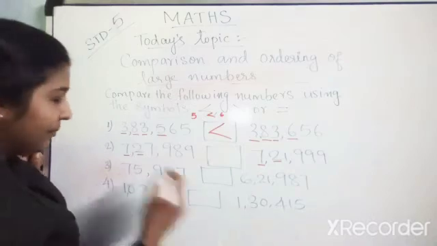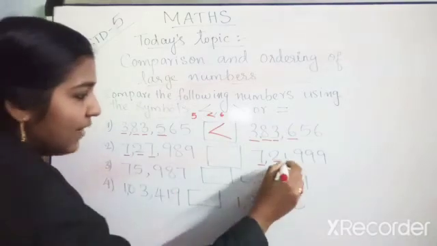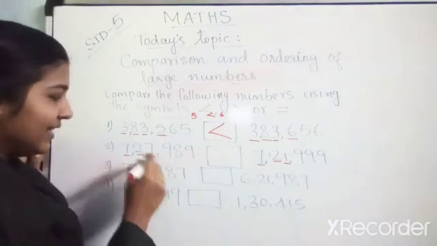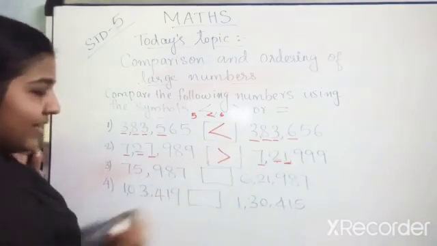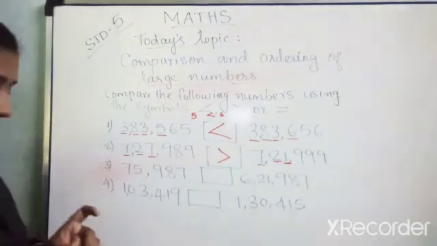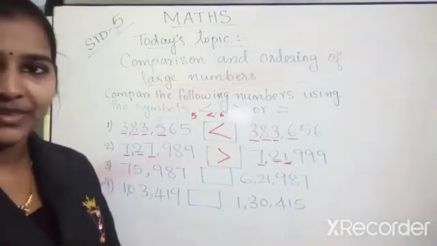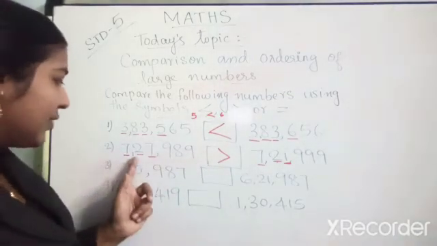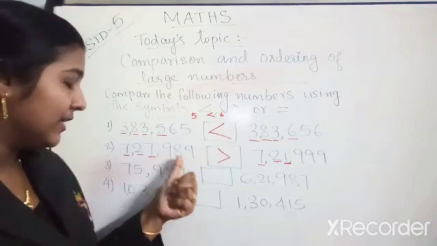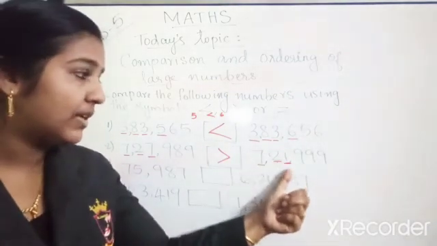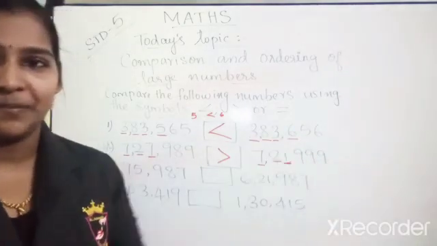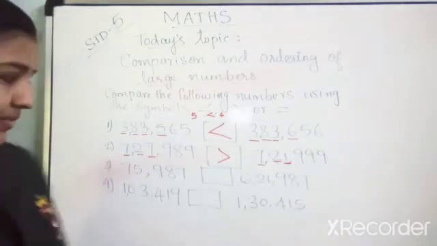Both are equal. Move to the next place. 7 and 1. Which is greater? 7 is greater than 1. So, we can put the greater than symbol here. Got it? So, 7,27,989 is greater than 7,21,999. Got it children? Okay.